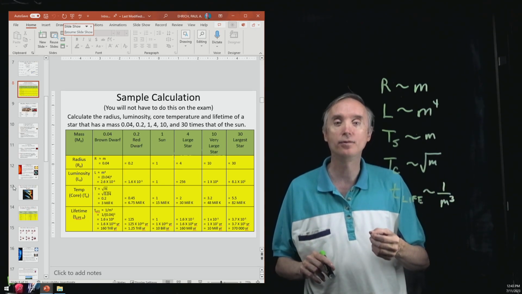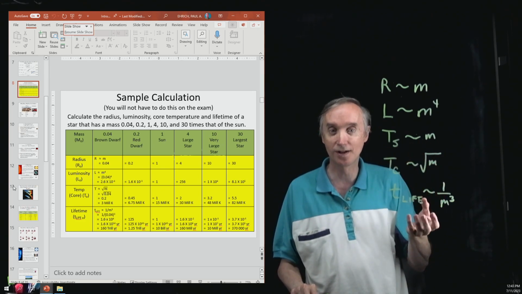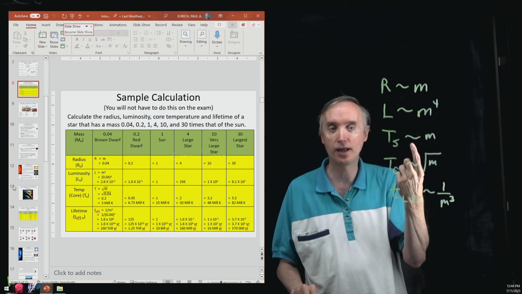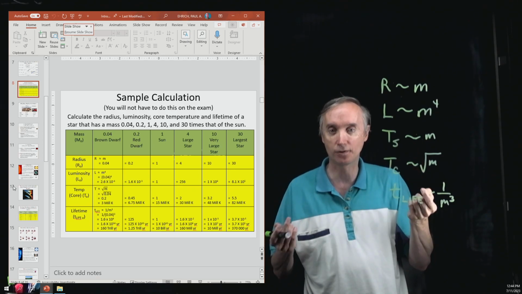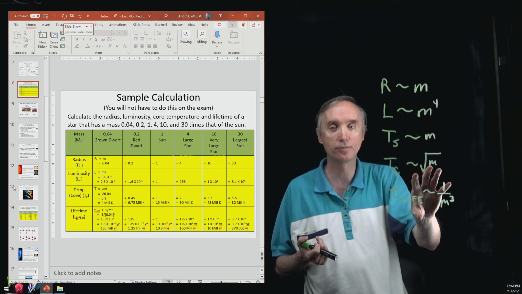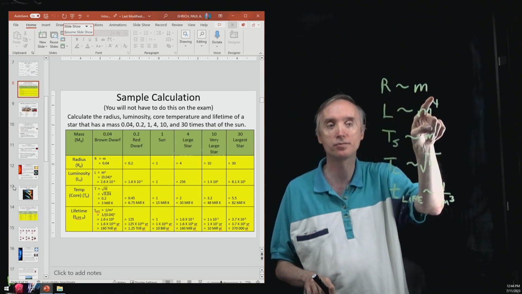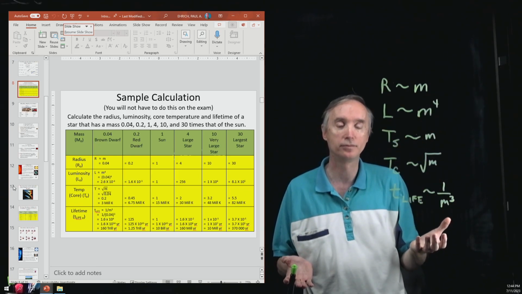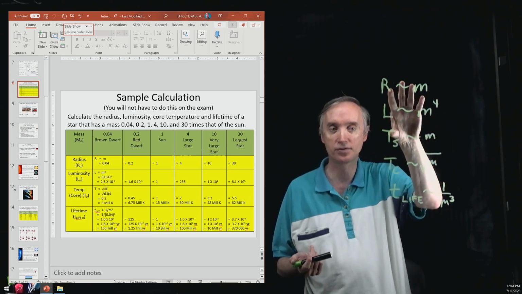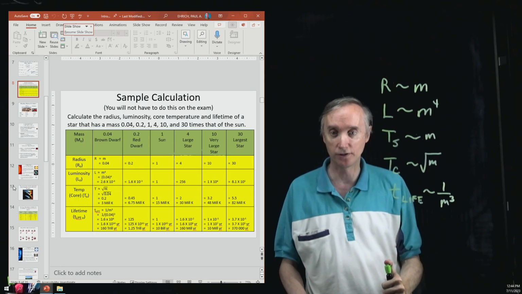I took all of those masses in terms of the sun, so the sun has a mass of 1, and then I asked what if it had a mass of only 0.04? I plugged those numbers into the formulas, so you can see how the radius and brightness of these new stars compare to the sun, and so forth. If you want to look through that, go ahead, but you're not going to have to do any of those calculations for the exam.